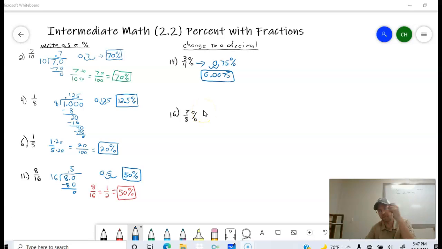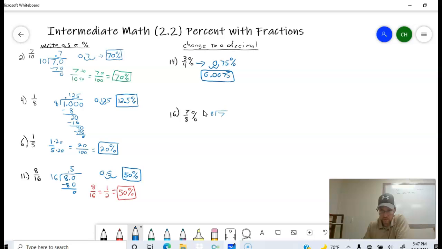We got 7/8%. Again, a fractional percent is different than just a fraction. Changing it to a decimal. First, I need to change it to a decimal percent. 7/8 means 7 divided by 8.